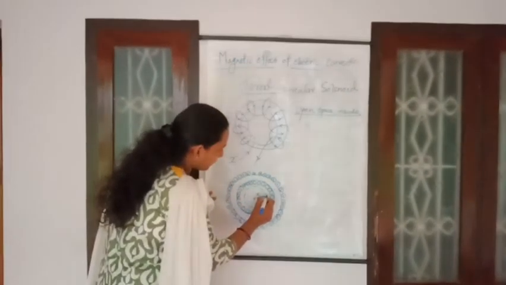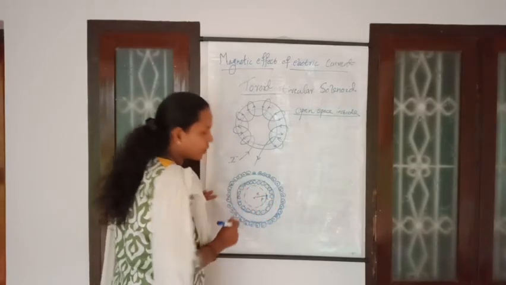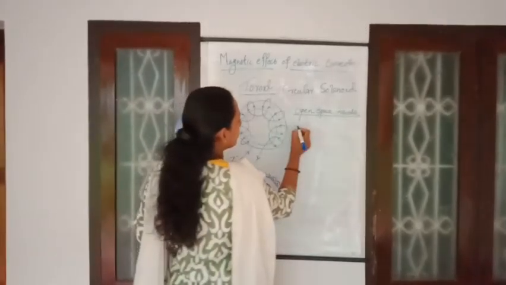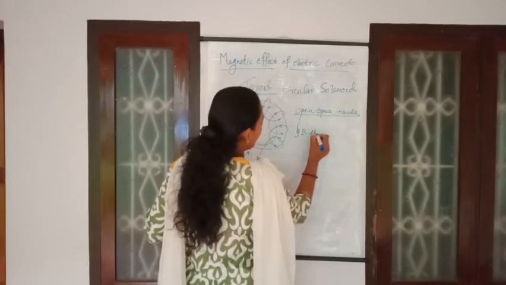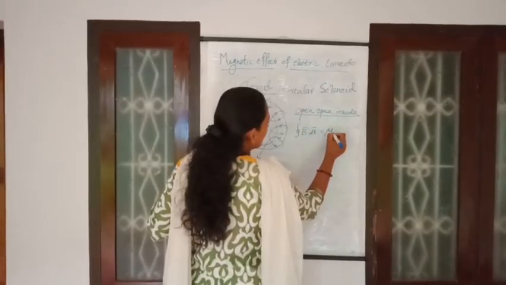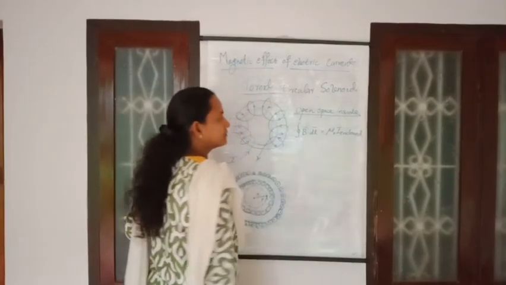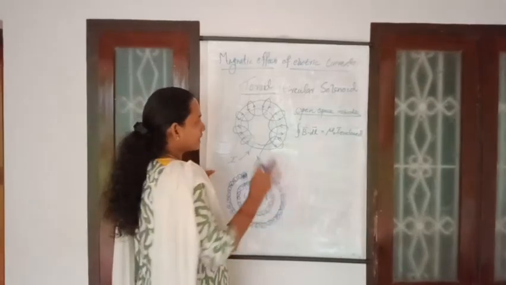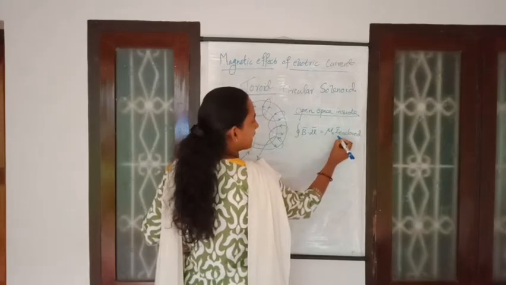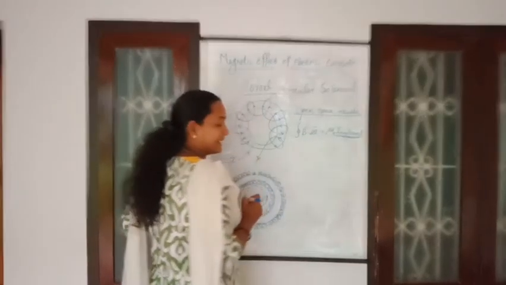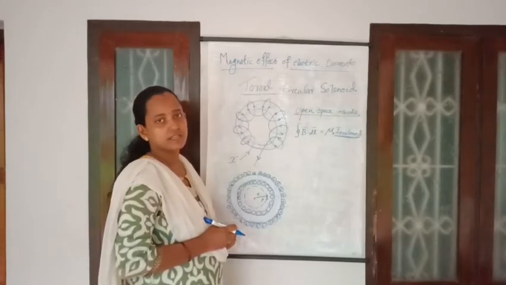And this Amperian loop has a radius R1. And then at this point P, you can apply Ampere's law. So what is Ampere's law? The closed integral of B dot dl is equal to mu 0 times I enclosed. That means within that Amperian loop, how much current is enclosed we want to consider.